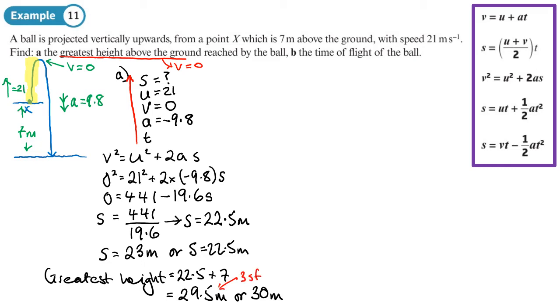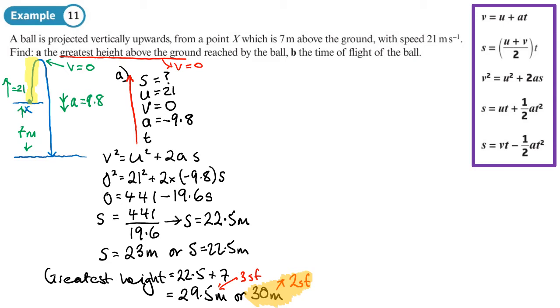So 3 significant figures, 2 significant figures, ideally 2 significant figures, since gravity, our acceleration, is given to 2 significant figures, but 3 significant figures is allowed. You won't lose a mark for that.